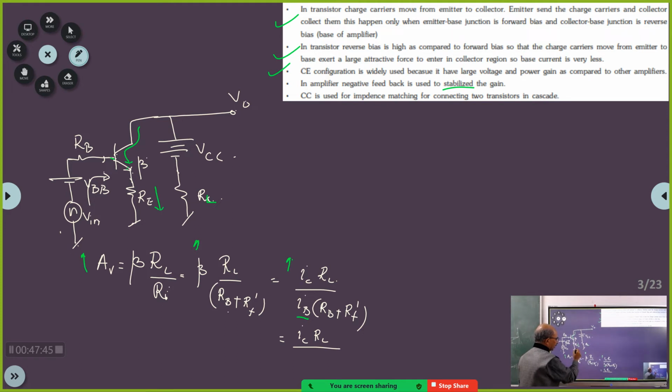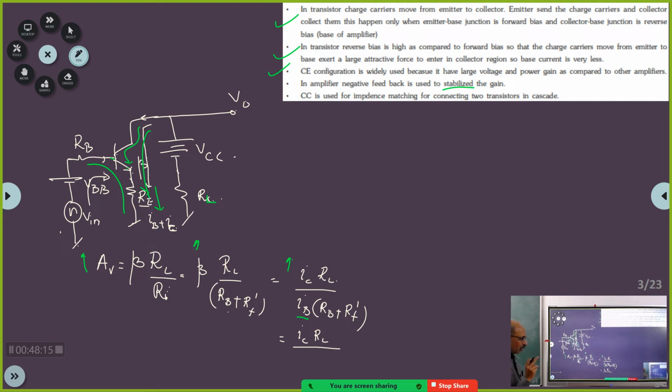What are the two currents? One is IB, the other one is IC itself. See, this current IC is flowing like this. Before RE was there, IC into 0 is 0, but now it is not. So now here IC is also flowing, IB is also flowing. Do you appreciate that? Yes, sir.